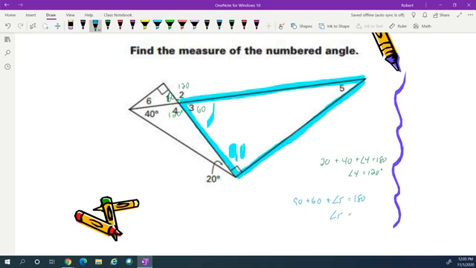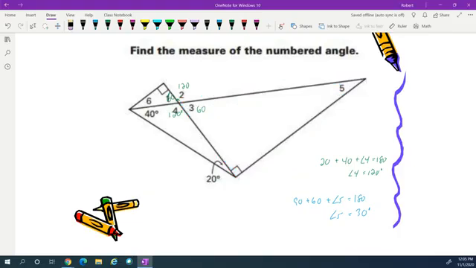And angle 5 is 30 degrees. So I can go ahead and fill it in. The only thing left is angle 6.